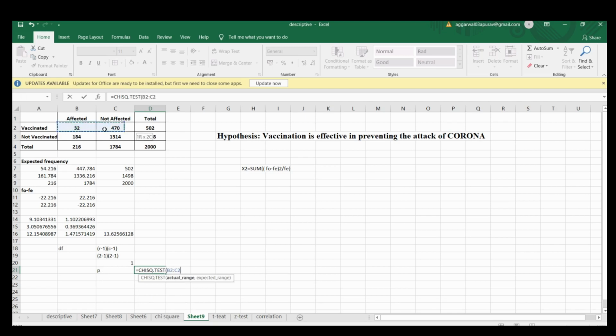Actual range is this, comma, expected range is this, and press enter. This is our p-value.